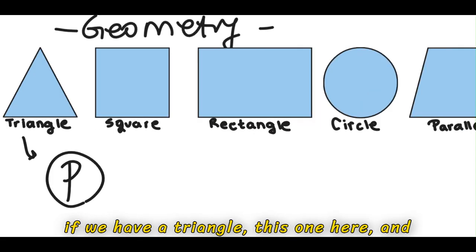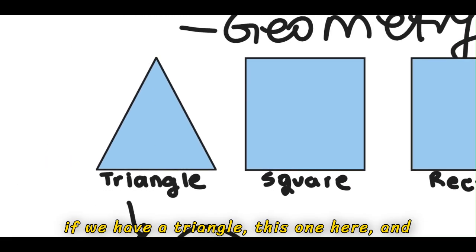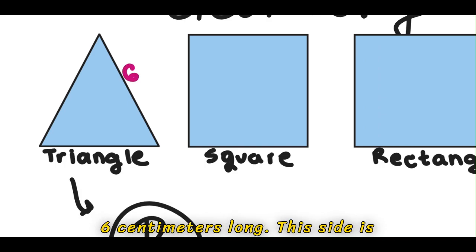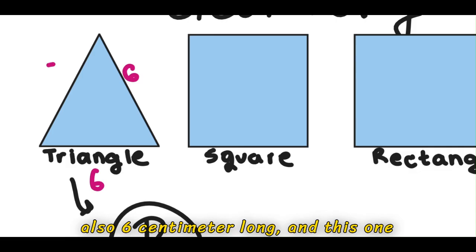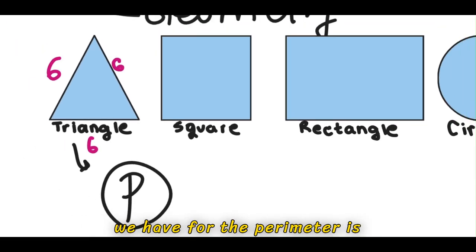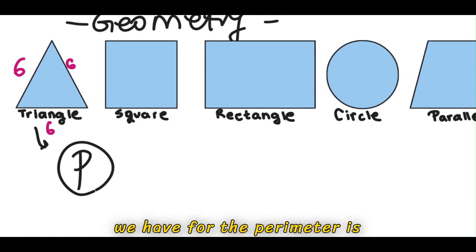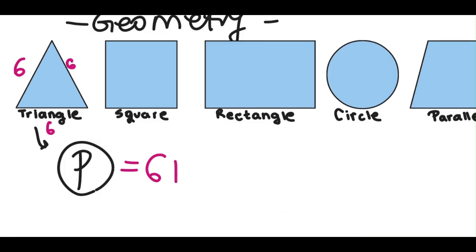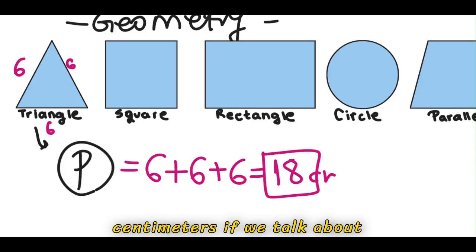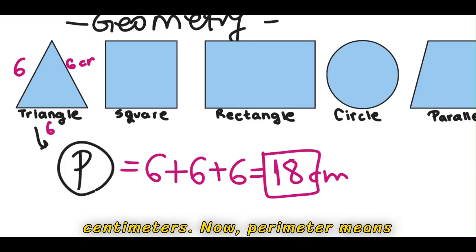For example, if we have a triangle, this one here, and this side here is 6 centimeters long, this side is also 6 centimeters long, and this one is 6 centimeters long. Now, the perimeter is equal to 6 plus 6 plus 6, which is basically equal to 18 centimeters.